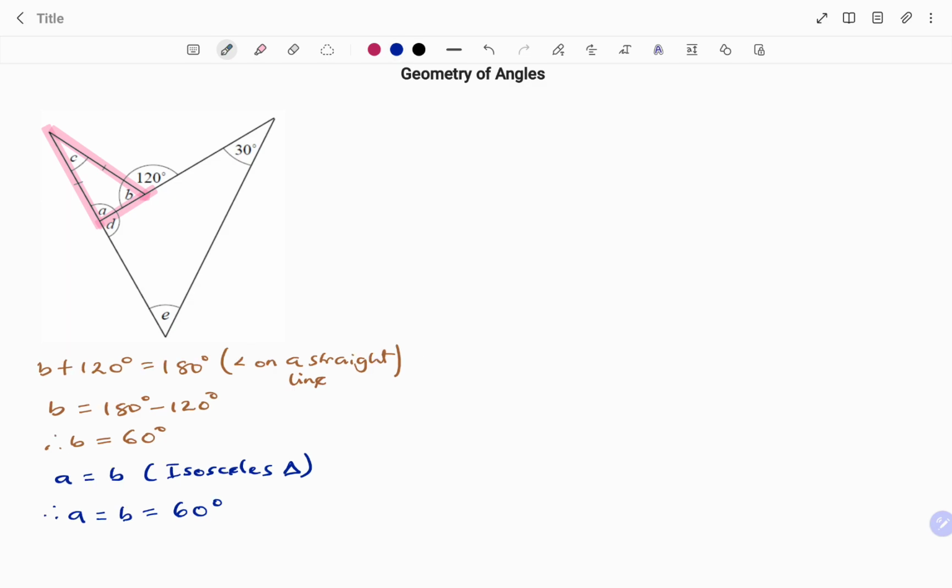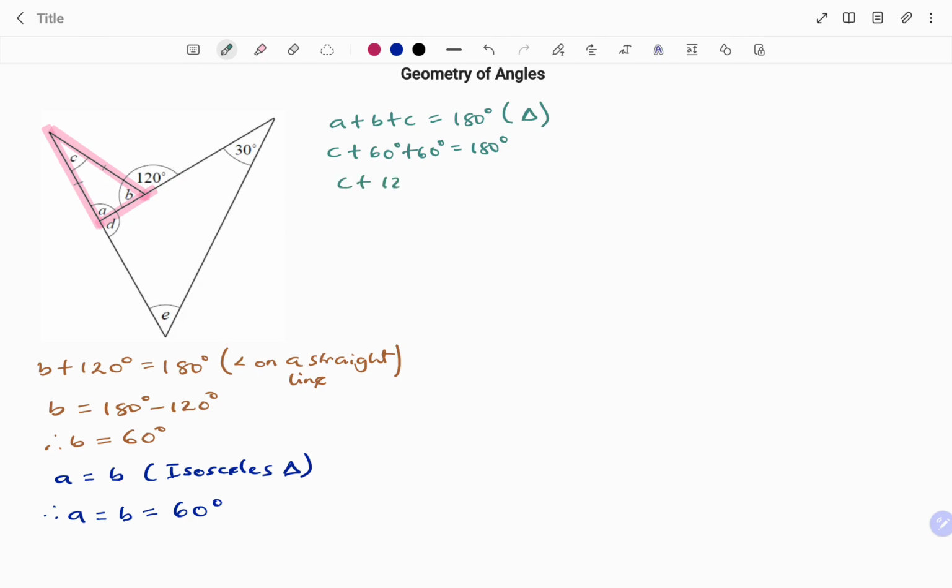Using the same triangle I highlighted, if I add A plus B plus C, that will give me 180 degrees. And the reason being, sum of angles in a triangle add up to 180. I have my angle C, which is missing, plus my angle A and B, both 60 degrees, equals 180.